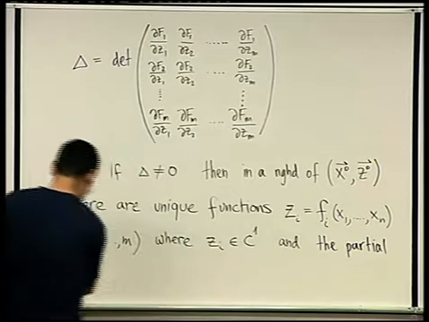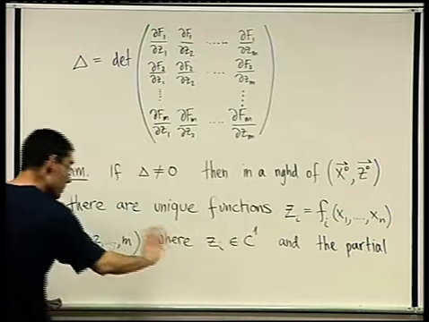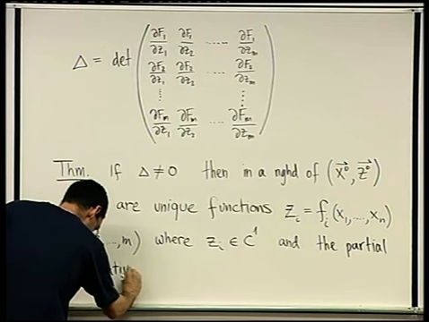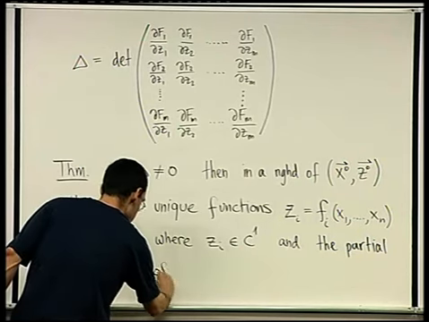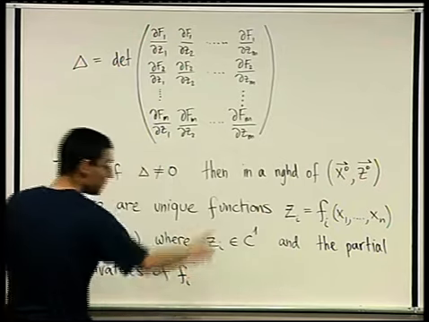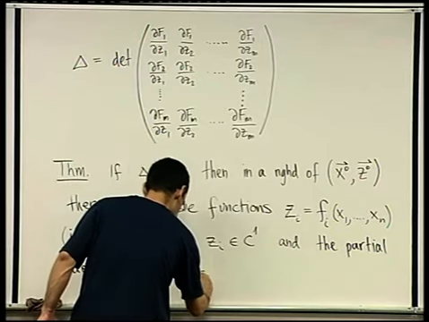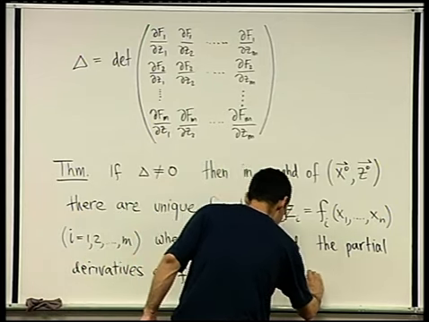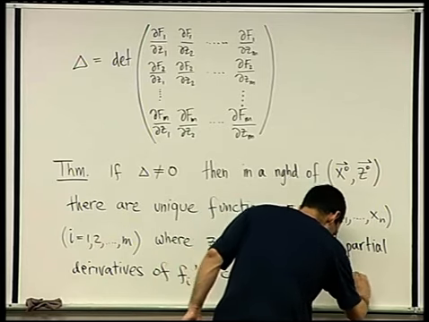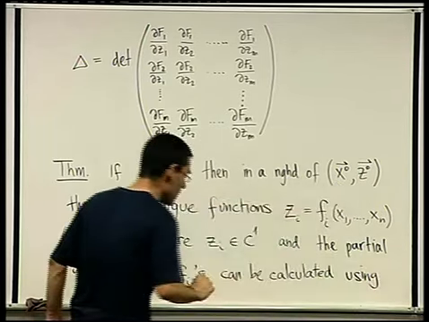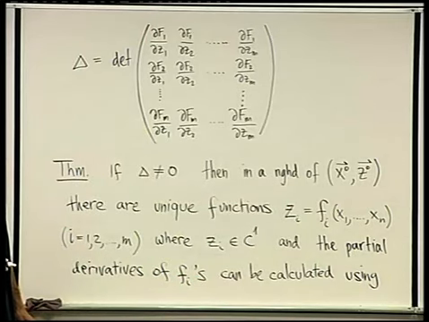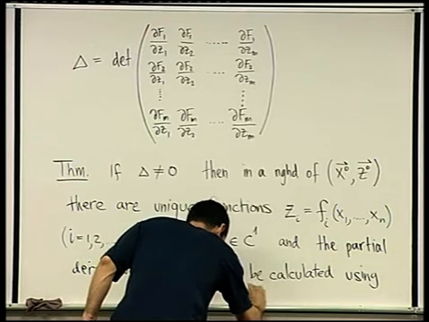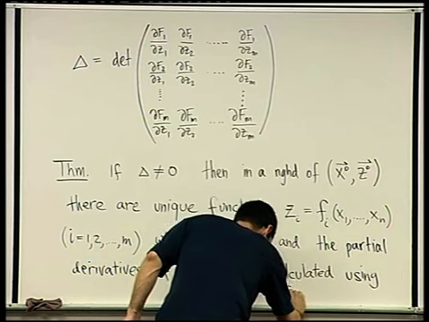So now there's going to be an analogous statement, which I'm going to write a bit vaguely, and the partial derivatives of the zi's, of fi, of these functions, can be calculated using what's called implicit differentiation. Okay? And we're going to say what that is in a second.